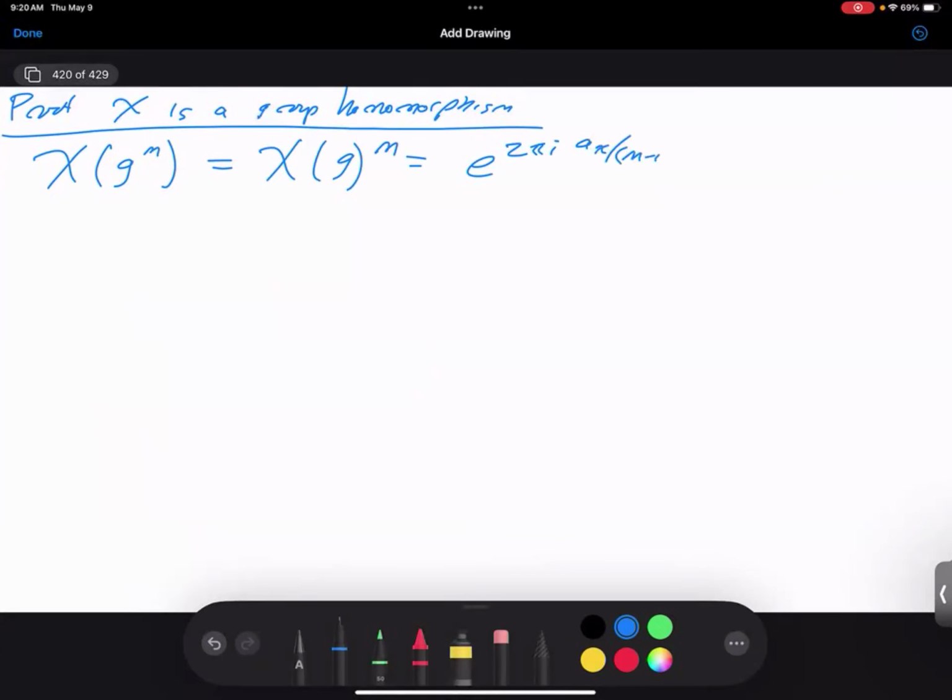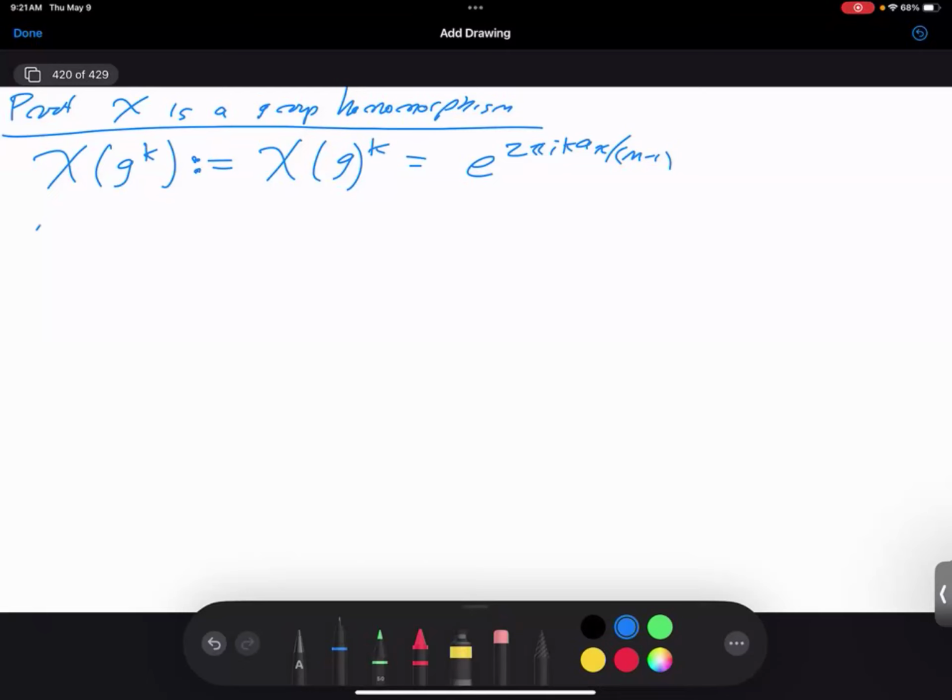Oh, I can't use m here. Sorry, I'll use k. And then that would just be k times that. So this is how I define everything. So if I give you g to the kth power, because I want it to be a group homomorphism, this is how I'm going to define things.